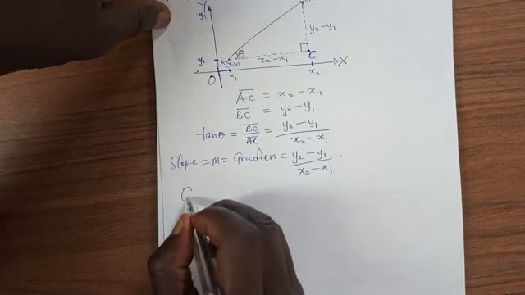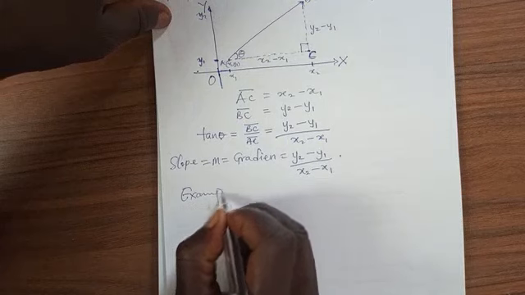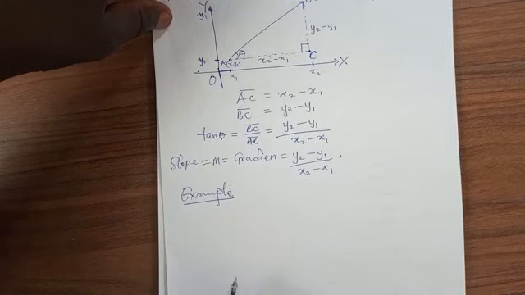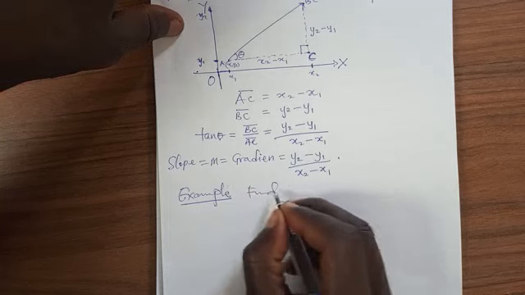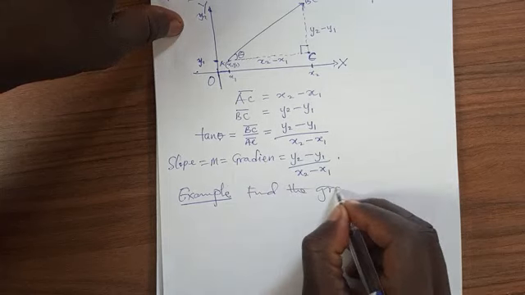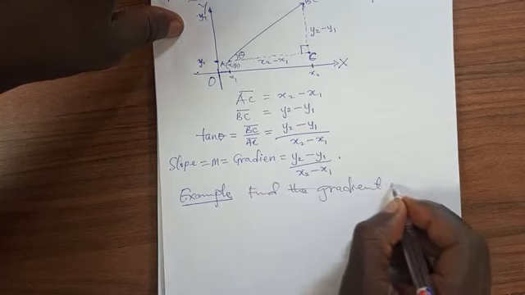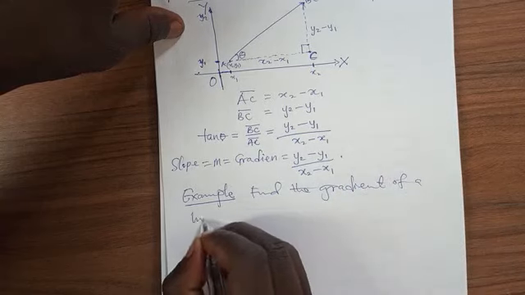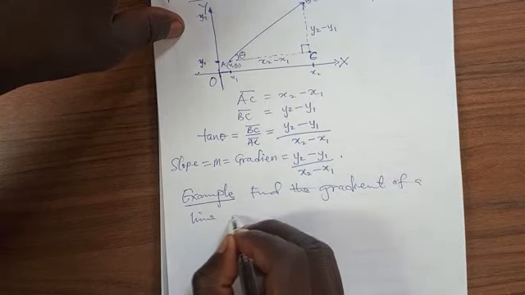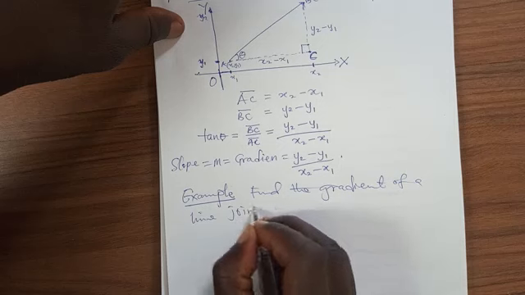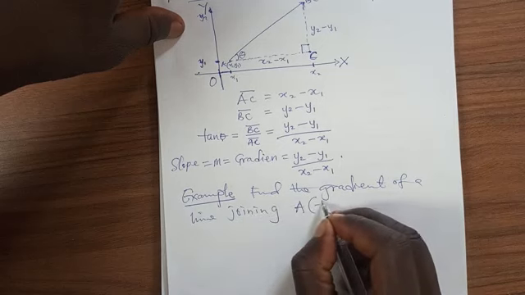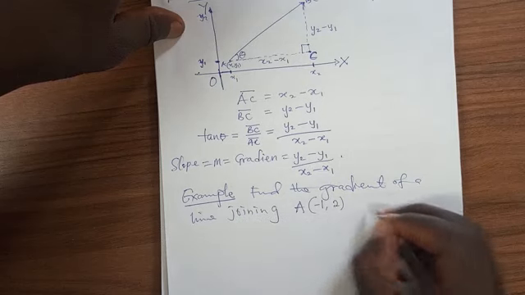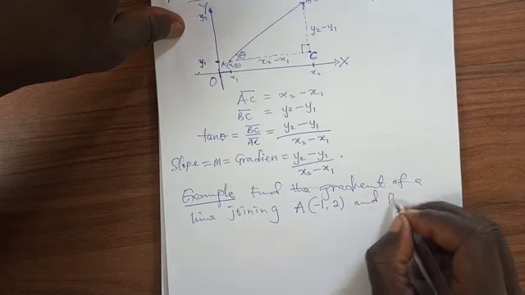One can easily see an example. We may be asked to find the gradient of a line joining these points A, which is (-1, 2), and B, which is (3, 4).